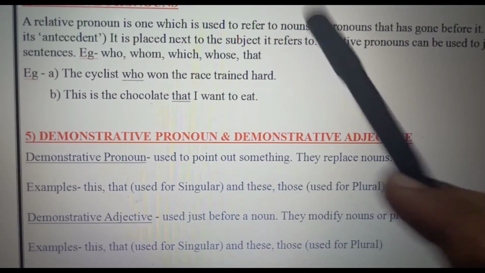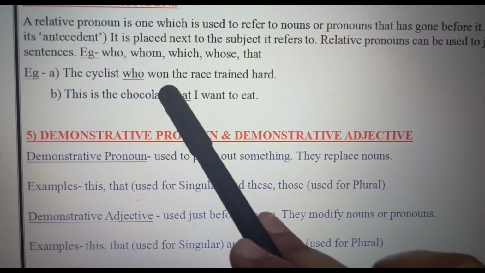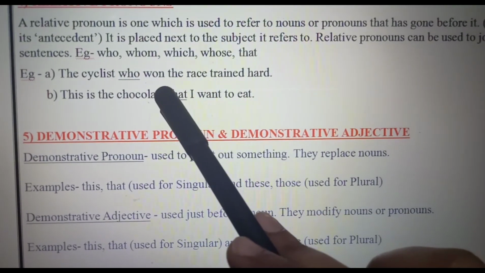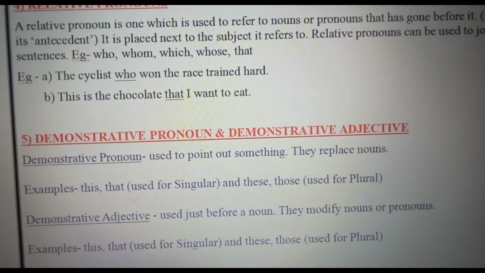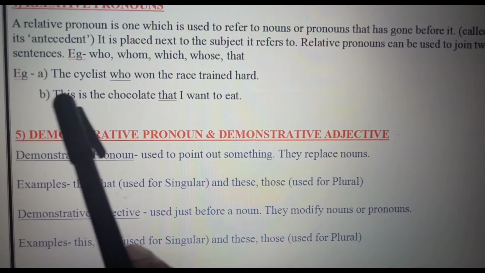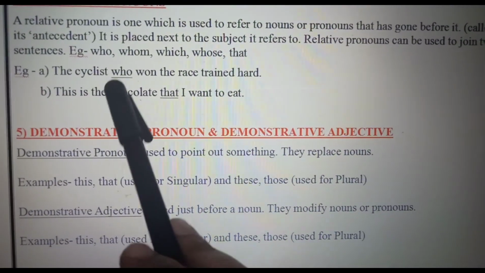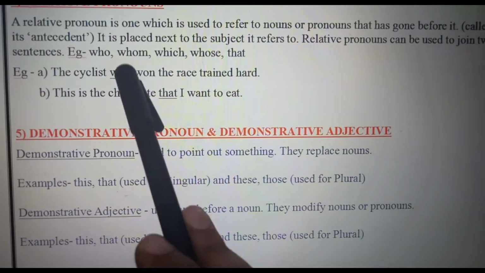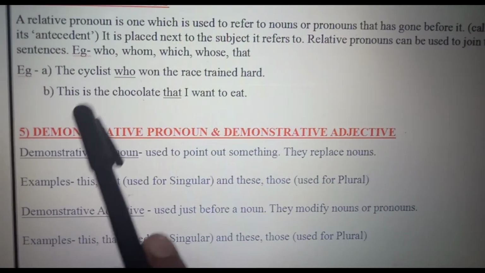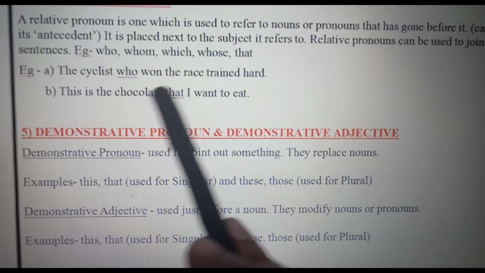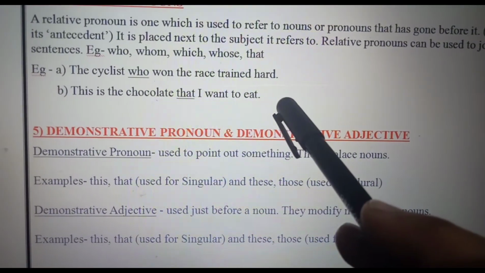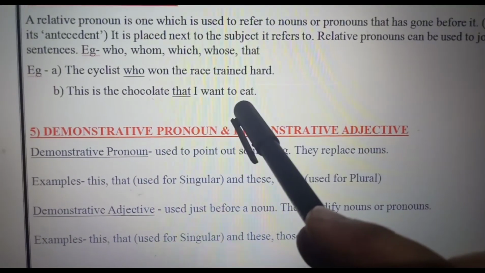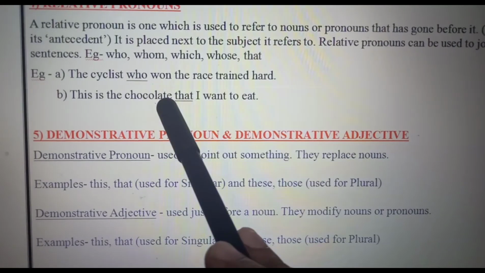For example, the cyclist is the subject, and we use the relative pronoun right after it. The cyclist who won the race trained hard. So we are using the relative pronoun after the subject.